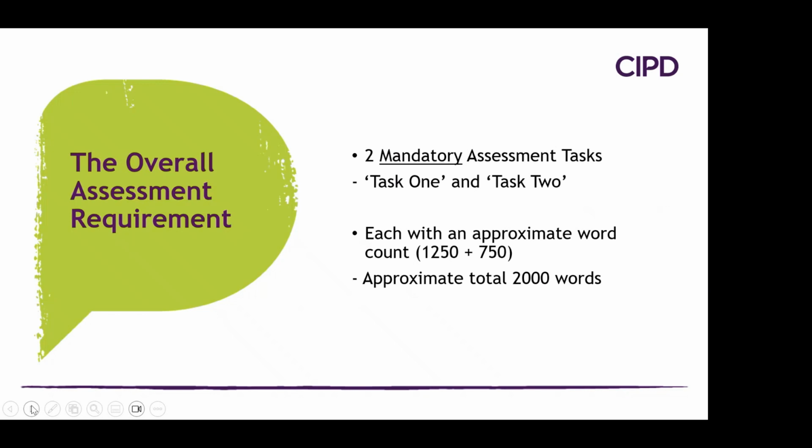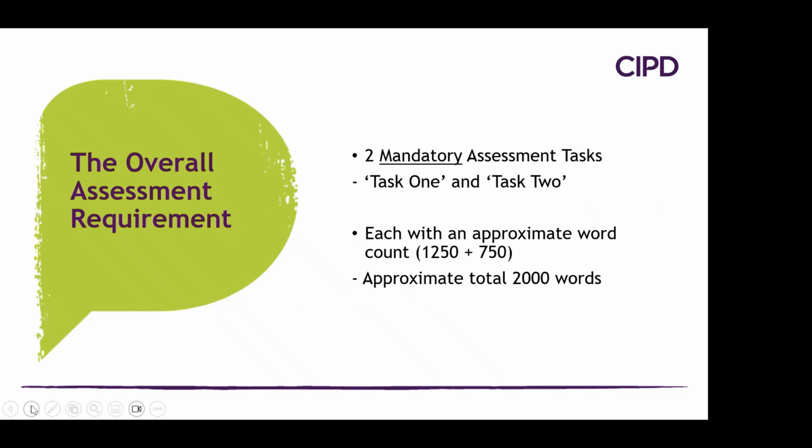Before any assessment, it's always a good idea to get an overview of the full requirement. What do you have to do in total? Well, in this assessment, there are 2 mandatory assessment tasks. Mandatory, both have to be completed, and they're very simply referred to as Task 1 and Task 2. Each of the tasks has an approximate word count.